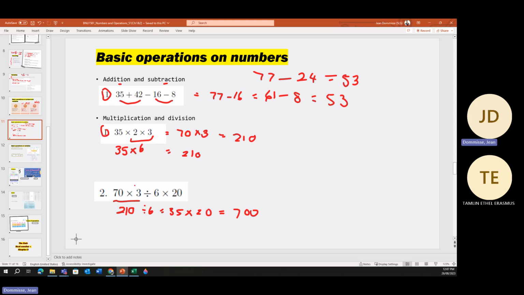We could have said, what is 3 divided by 6? That is a half. So 70 times a half, which is again 35. And that times 20 gives us again the 700.